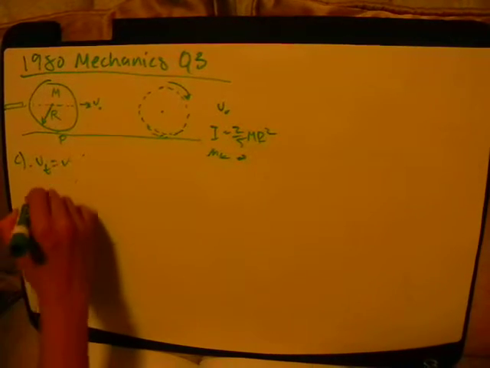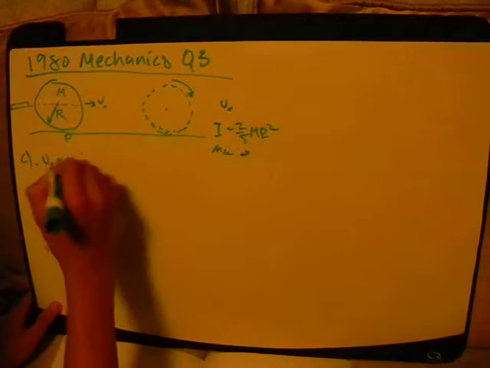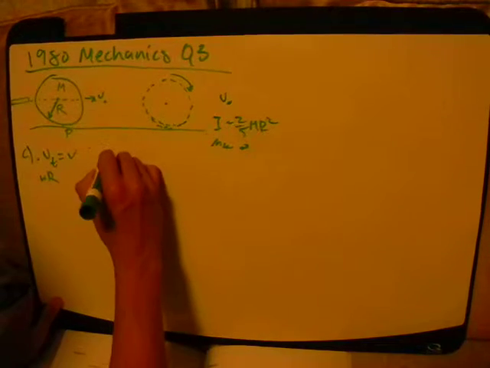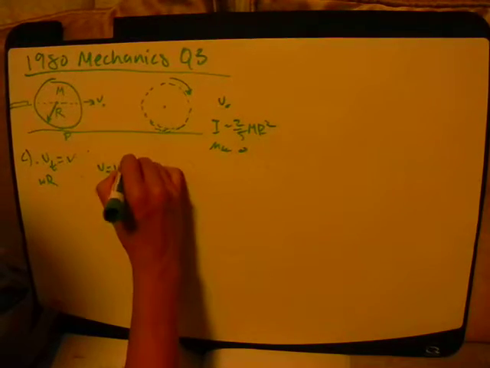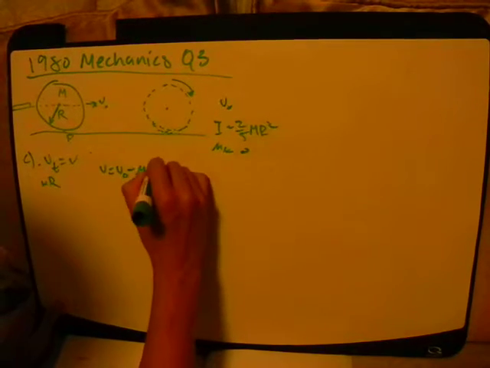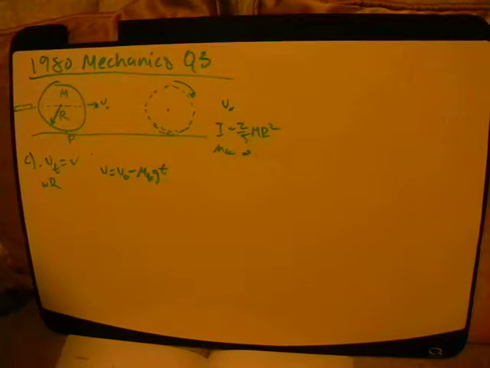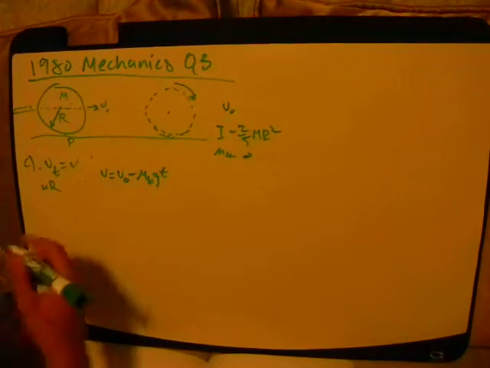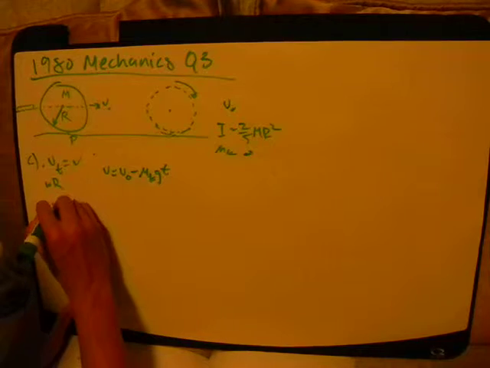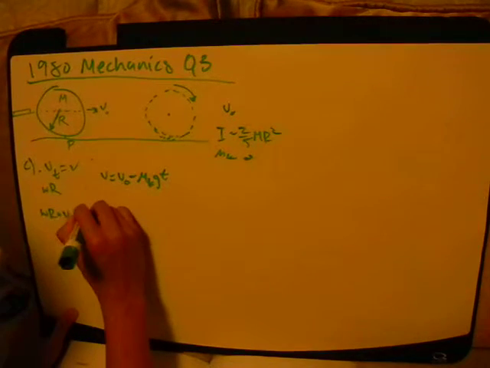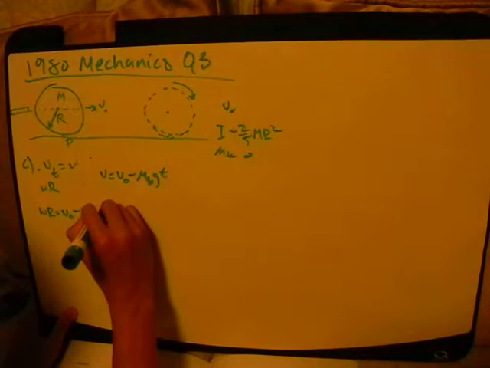And we know tangential velocity is equal to omega r. And this velocity is equal to v naught minus mu k gt as found in part A. So, set these equal. We have omega r is equal to v naught minus mu k gt.